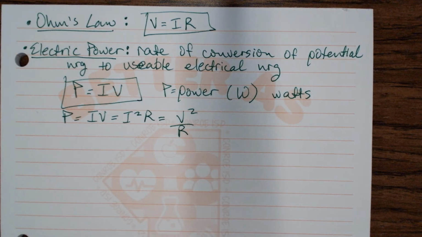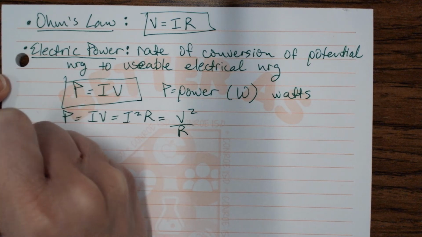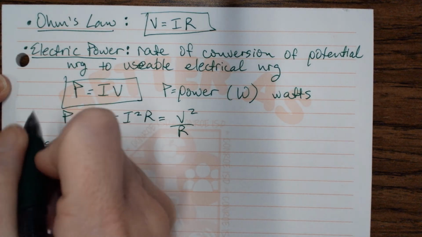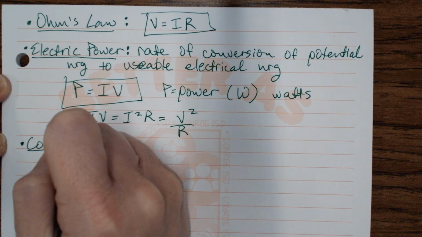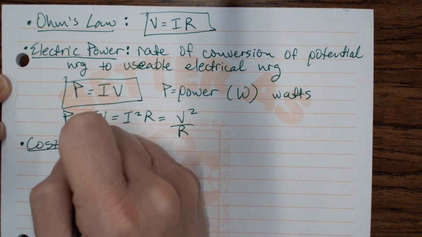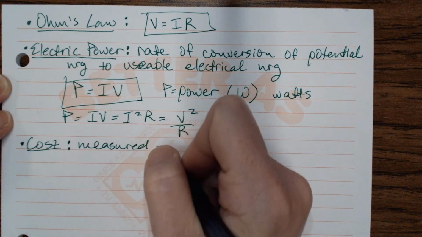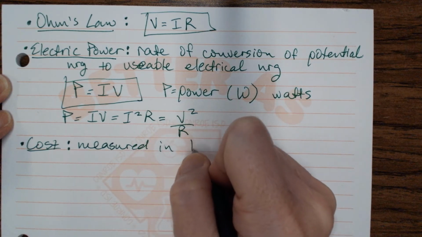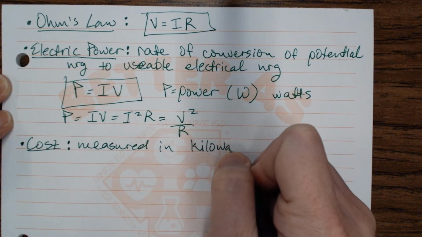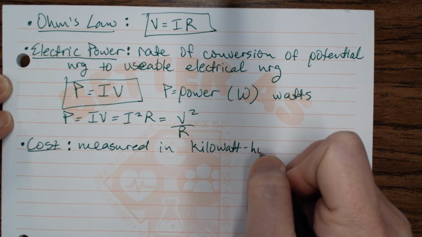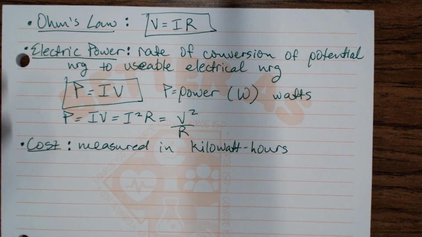So then let's talk about cost. How do we calculate cost? This is going to be measured in kilowatt hours. Okay, so this is what we measure the cost of energy, and we measure it in kilowatt hours.